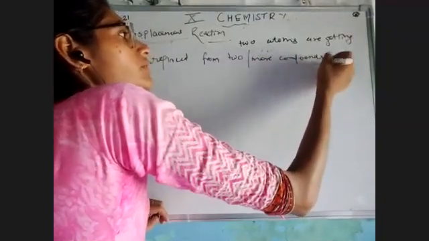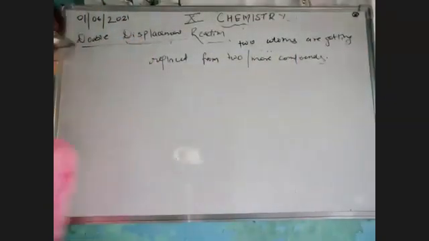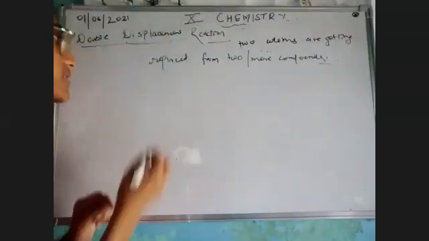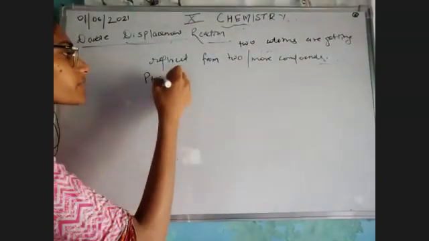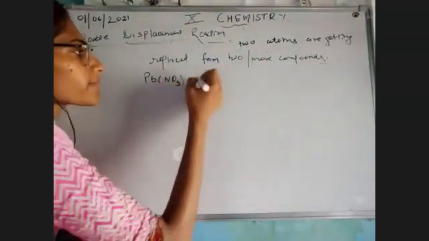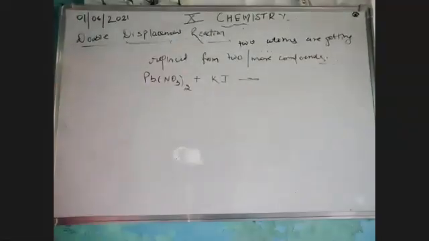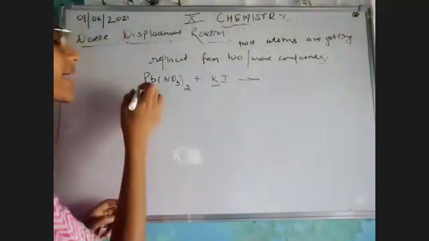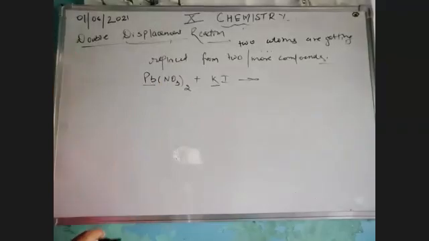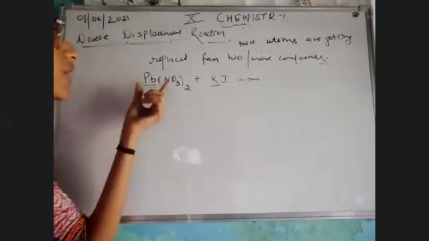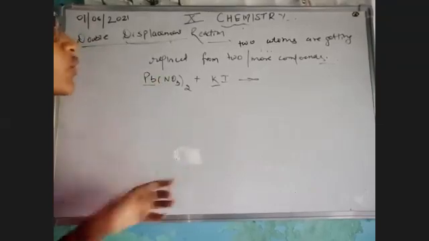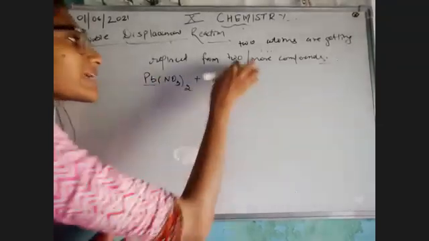Okay, let's take a single example, that is lead nitrate plus potassium iodide. First point here, children, you can see potassium is also a metal and lead is also a metal. In the previous reaction, we have seen that we were given only lead or zinc or copper as a single atom, plus another compound.